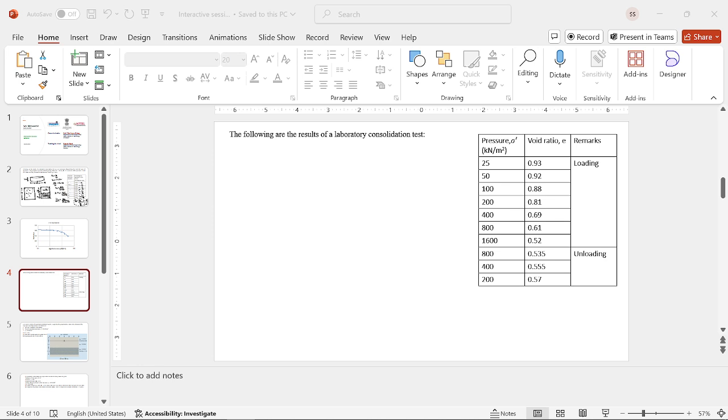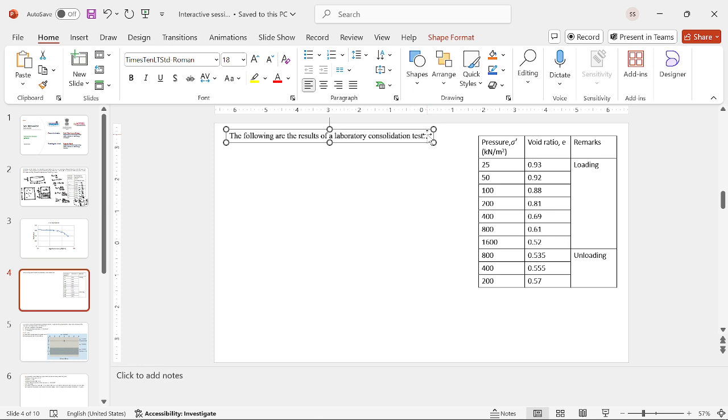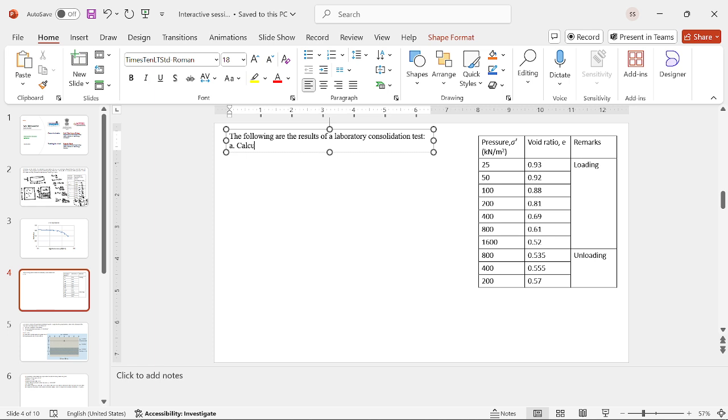We are supposed to calculate the compression index and the ratio Cs over Cc. You know, Cs is the slope of the reloading line, the swelling index, and Cc is the compression index.